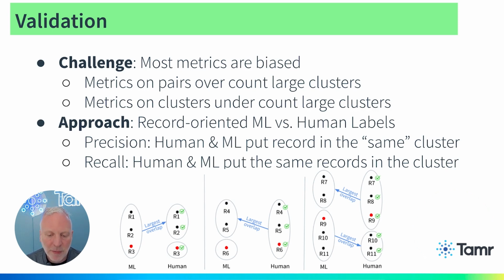Again, set overlap aligns the human cluster with the machine learning cluster with R4 and R5, which says that there is a recall error. The machine learning has failed to recall the similarity between R6 and those other two records. And then on the right, note that you can have a single test record that has both a precision and a recall error.